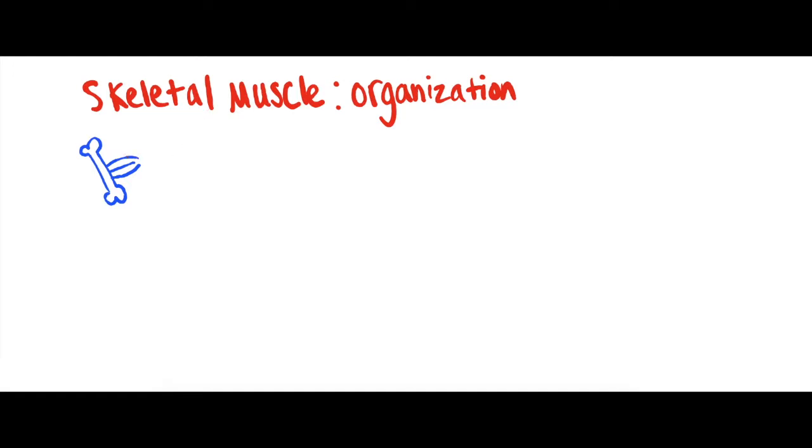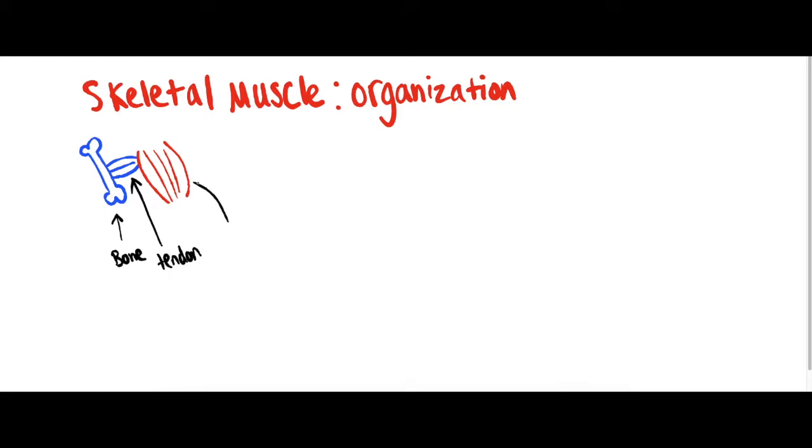And so the skeletal muscle is right here. Again, this would be the bone. This would be the tendon. And this would be our skeletal muscle, right?